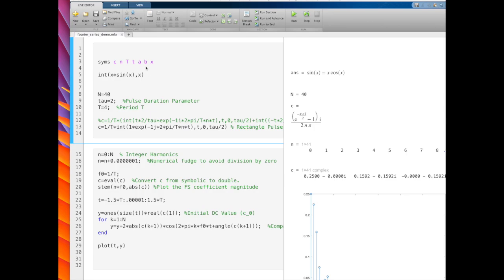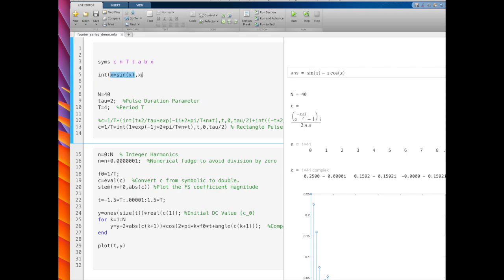So the first thing I'm doing in this code is using the symbolic toolbox. There are several variables that I'm using here. Some of them are just to show you how to use the symbolic toolbox. For example, starting out, I wanted to show you that you can do symbolic integration. The function for that is int, and the first argument is the integrand, the thing you want to integrate.